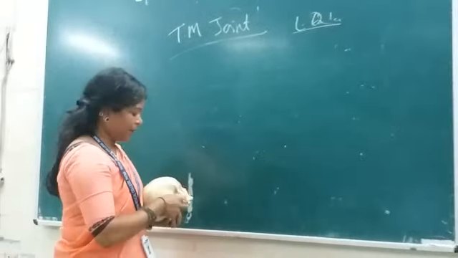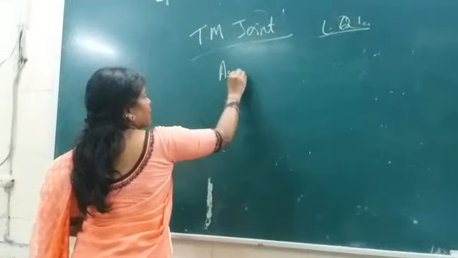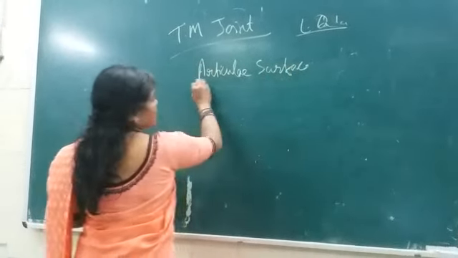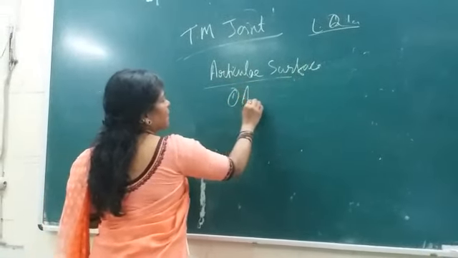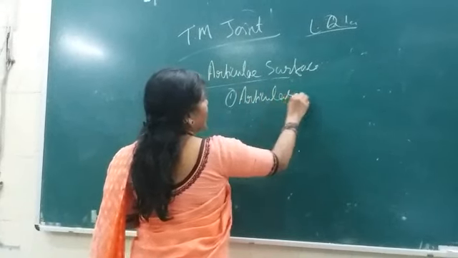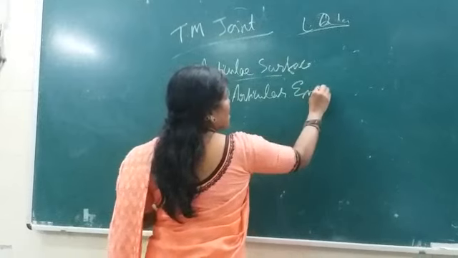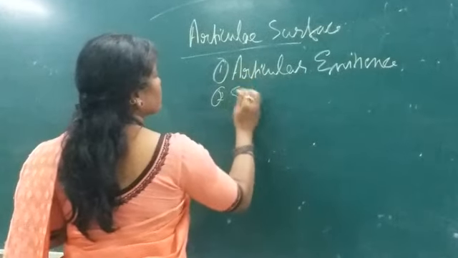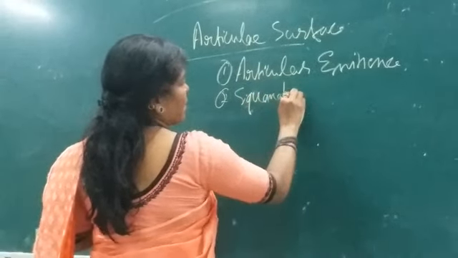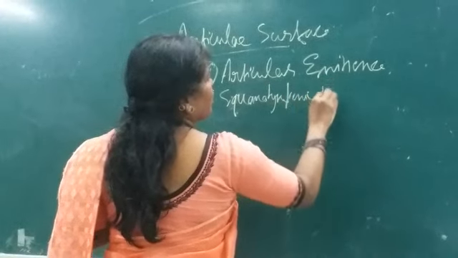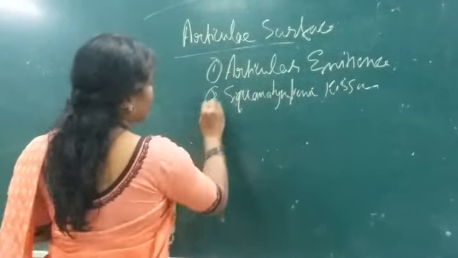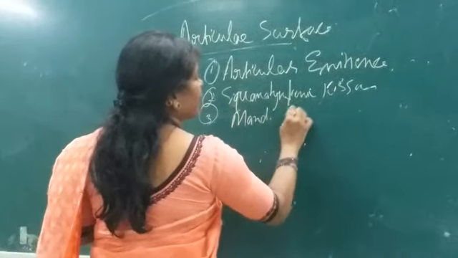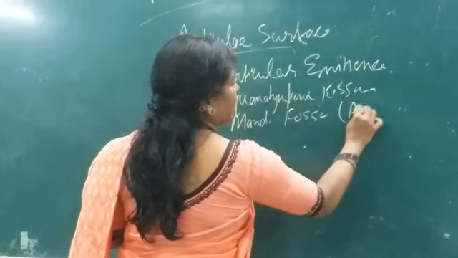Upper, above, what would be the articular surfaces? Articular surface above, what are those? Articular eminence, as the name suggests, the squamotympanic fissure, and the articular part of the mandibular fossa, the anterior part.